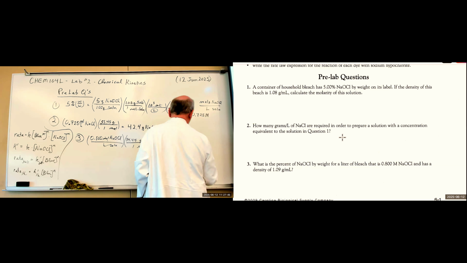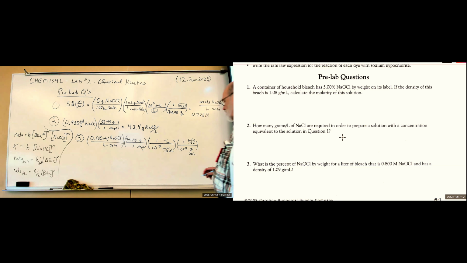We want to get rid of milliliters of solution, and make grams of solution. This is 1.09. Okay, that gives us grams of solution, but we need 100 grams of solution. Right? So we just multiply by 100.